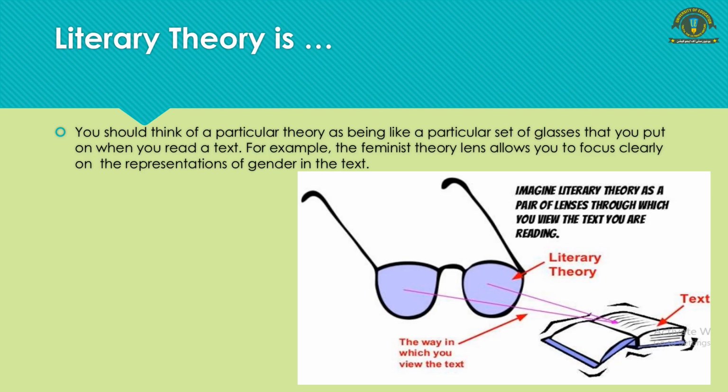So if I take up a specific colored glasses, if I take up a specific literary theory that is feminist theory, it will help me in looking at the text from a specific angle, from a specific hue. It will help me in looking at the text with the help of a specific purple color, or with the help of a specific theory. That is, over here I have taken the example of feminist theory.